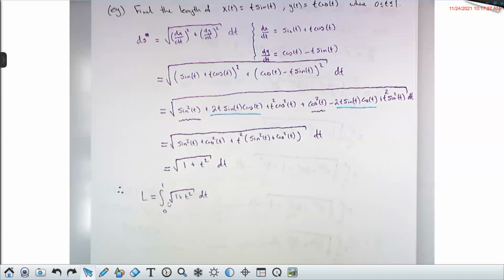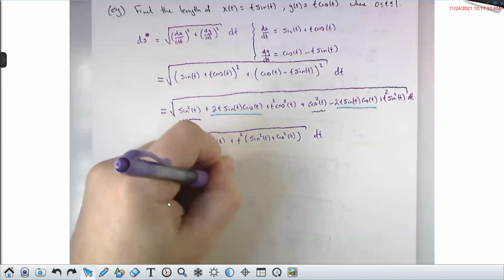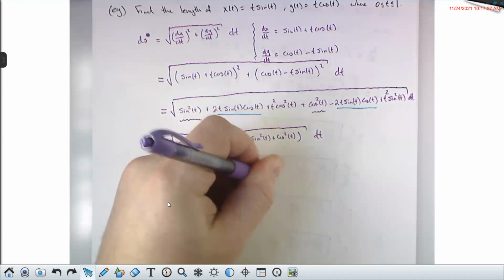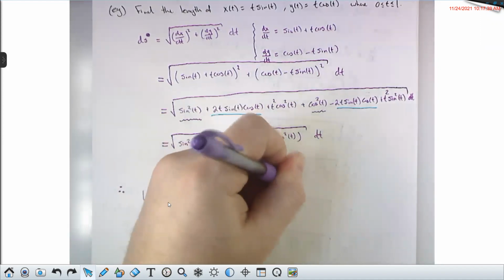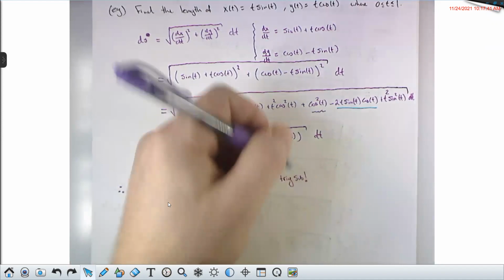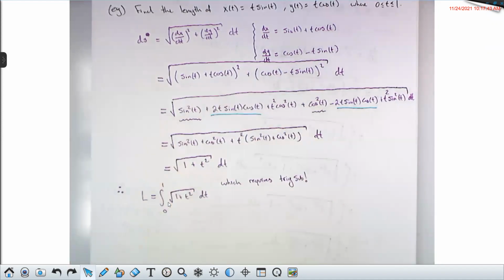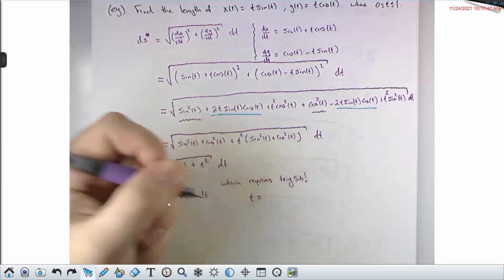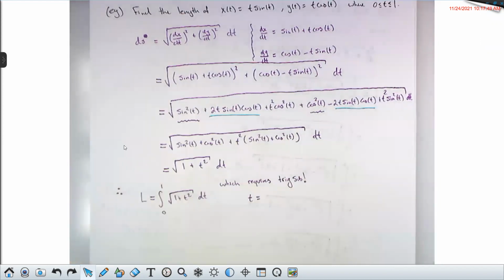What's the substitution? Is this a sine substitution, a tangent substitution, or a secant substitution?